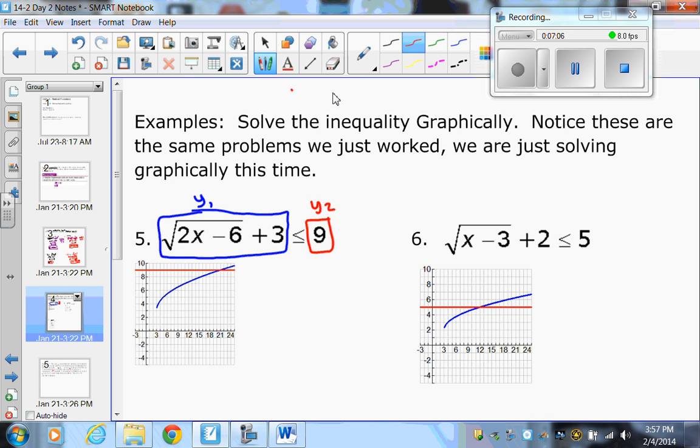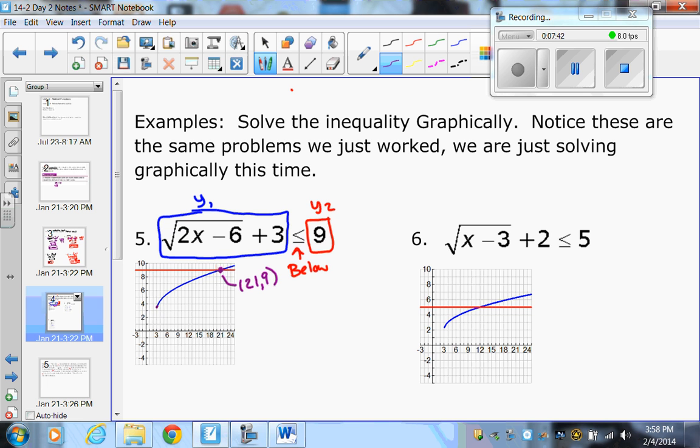And I want to know, when is this blue graph less than, meaning below, 9? So when is the blue graph below this red line? First things first, we need to calculate this intersection point. If we calculate it, we get that it's at (21, 9). Everything to the left here is below that red line.